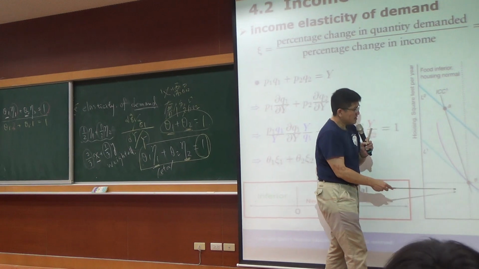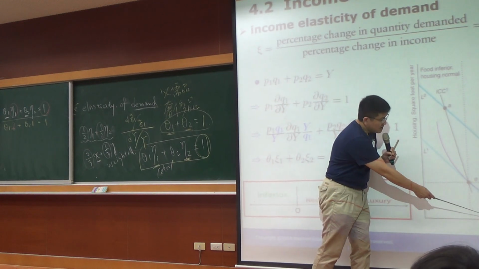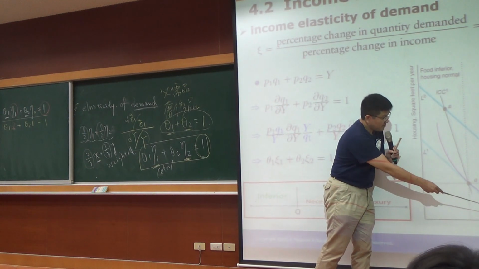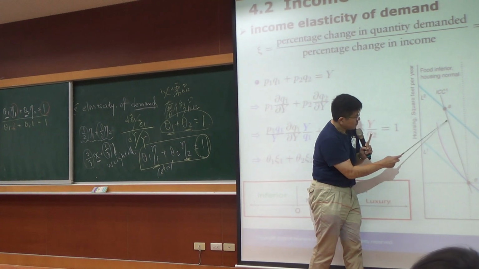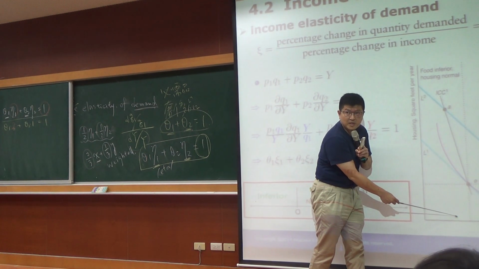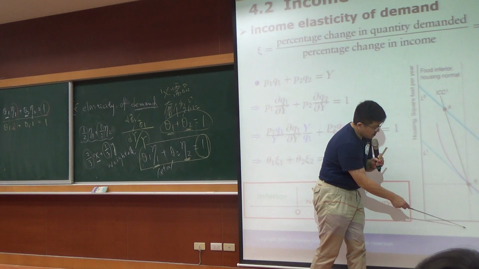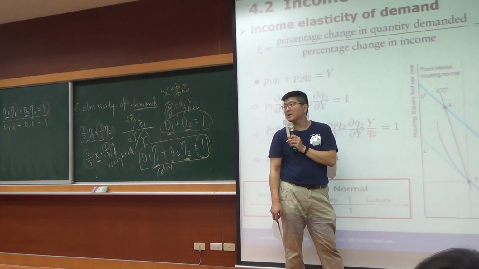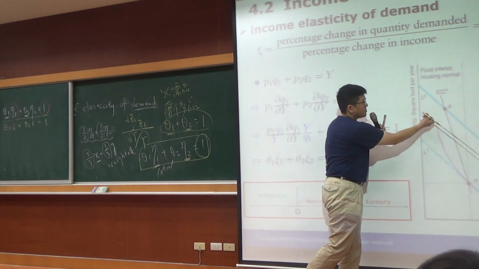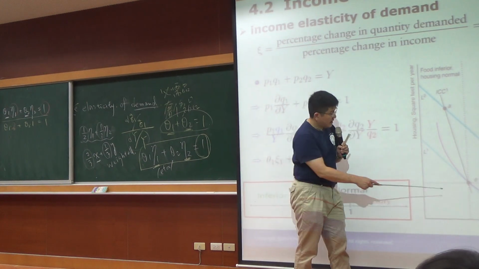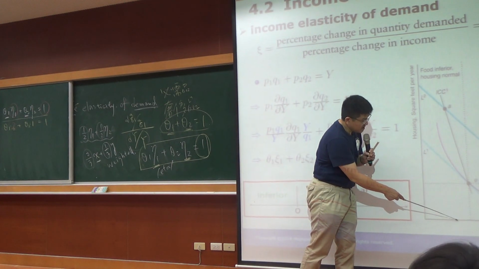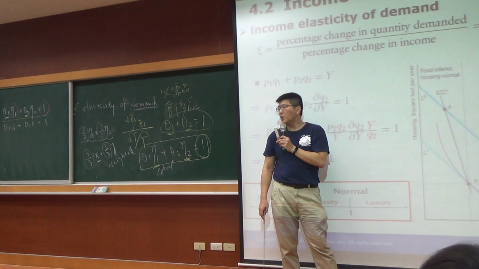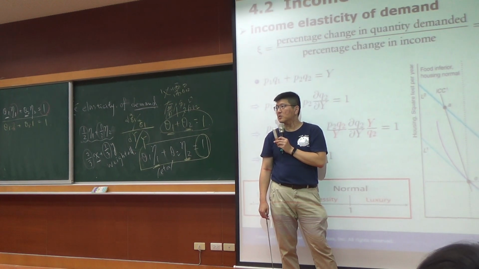So in this case, you will see good one, whose quantity demanded is lower, right? As income increases and your quantity demanded for good one is lowered, what does it mean?